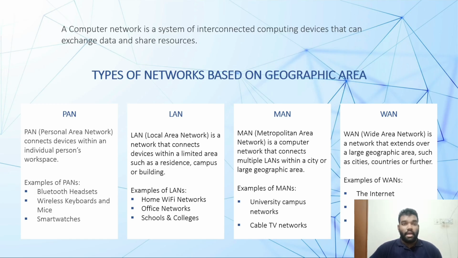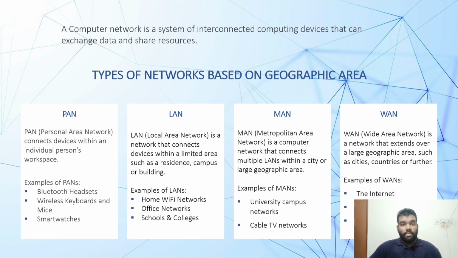There are different types of networks based on geographic area. These are personal area network, PAN, local area network, LAN, metropolitan area network, MAN, and wide area network, WAN. Firstly, personal area network, PAN, is formed among the devices of an individual's workspace.